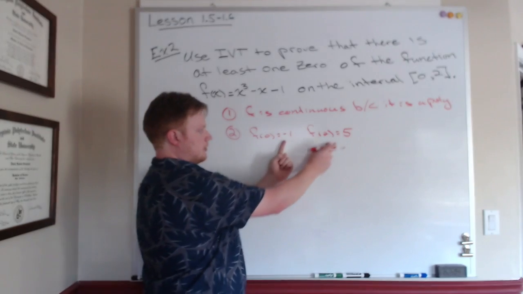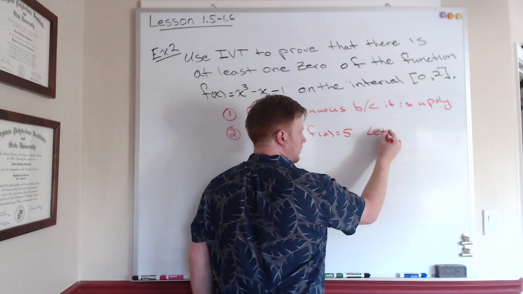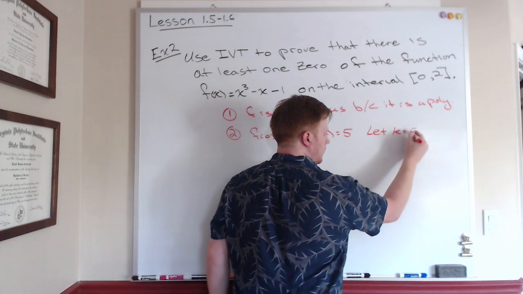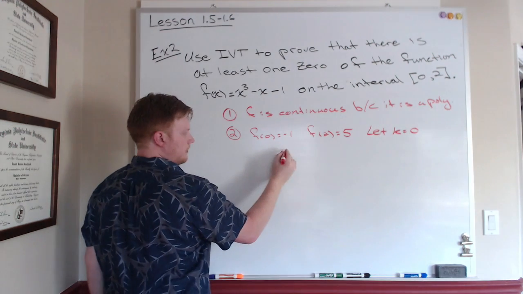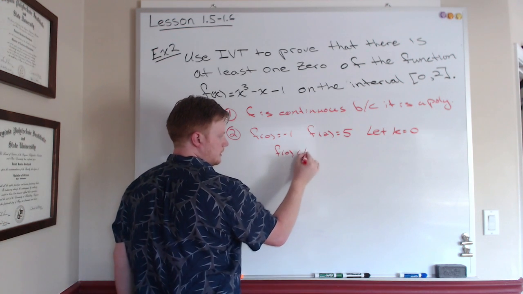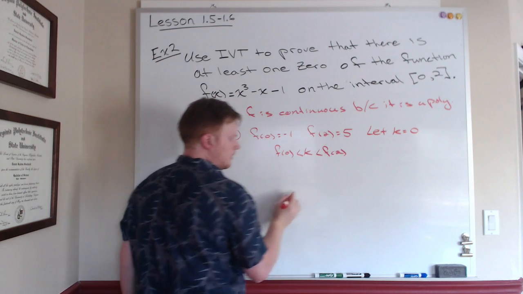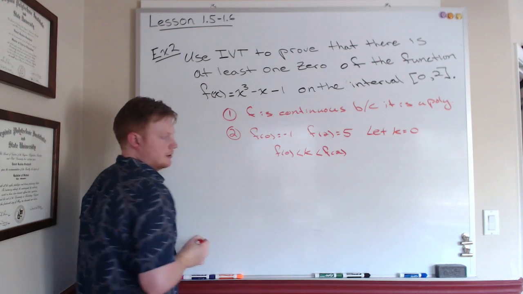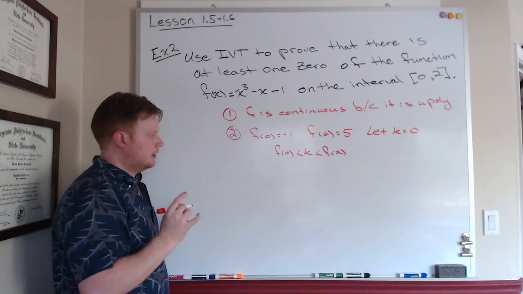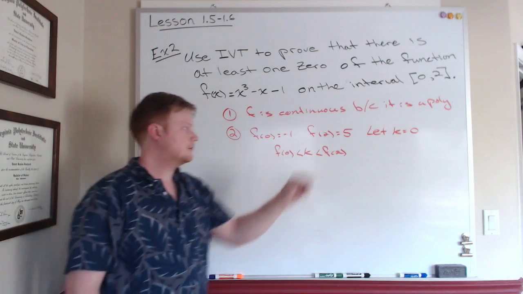Well, 0 is between -1 and 5. So we'll let k equal 0, and f of 0 is less than k is less than f of 2. So the point I'm interested in, k, is between the range of my interval.